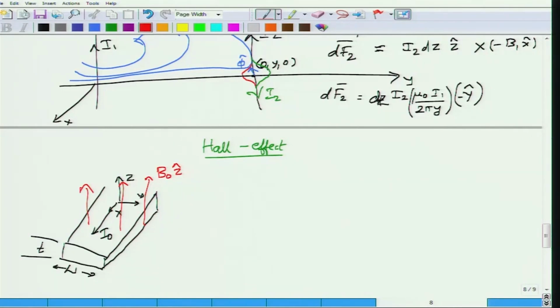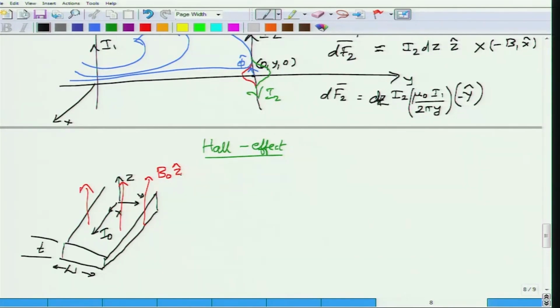This produces an electric field, which in turn produces a voltage between the two faces, and this voltage is called the Hall voltage. This element itself is sometimes called a Hall sensor. So we are going to discuss that.